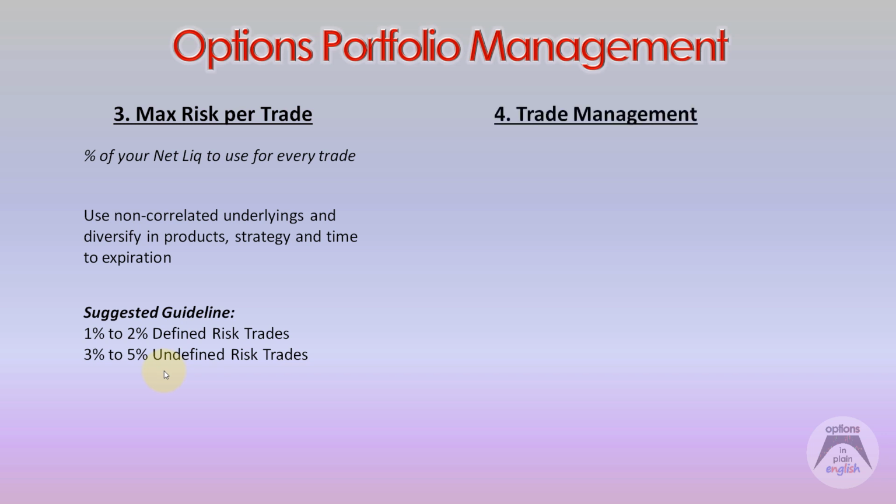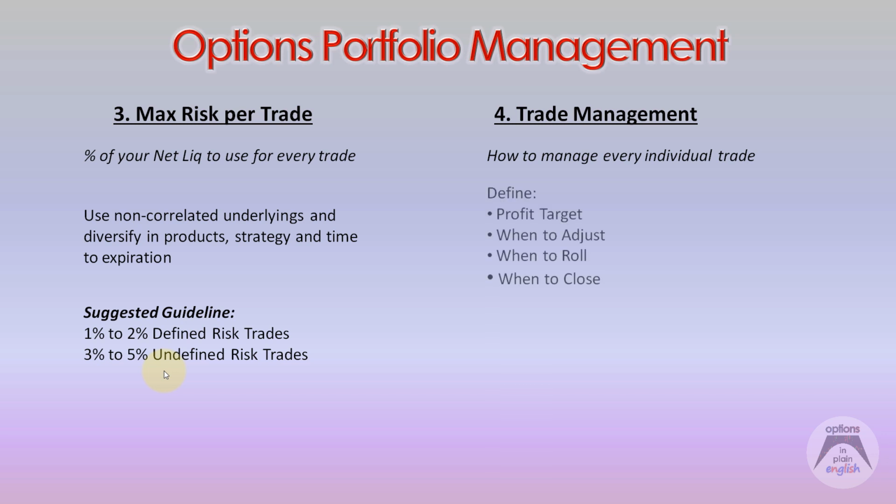Trade management: you need to know how to manage every individual trade. So if you have a portfolio and you have, let's say, 10 trades in that portfolio, you have to manage every individual trade. So you have to have a set of mechanics that deal with when you're going to be taking positions off. You have to define your profit target, when to adjust, when to roll, when to close.